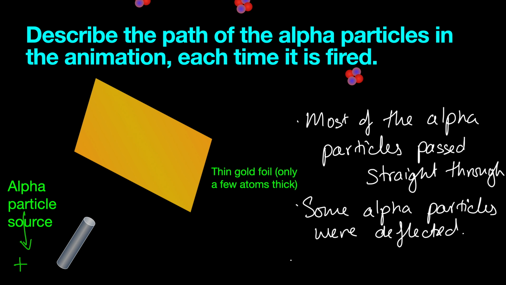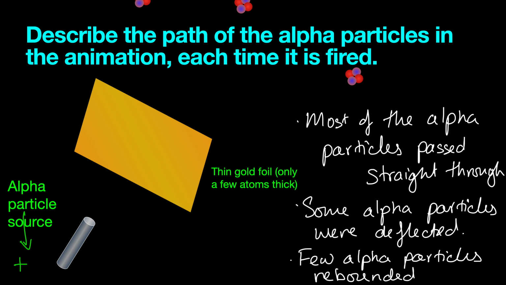And finally, very few particles, like the last one we saw, rebounded. We could call this path A, path B, and path C.